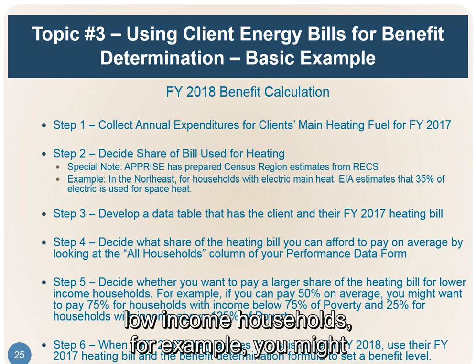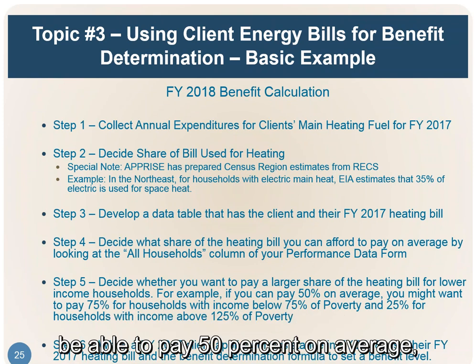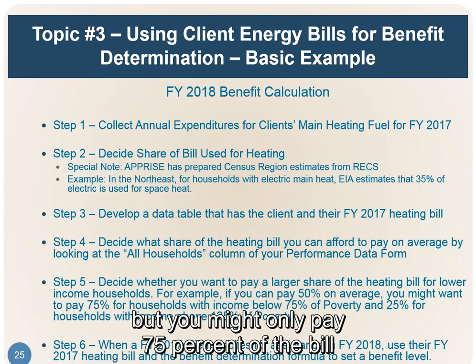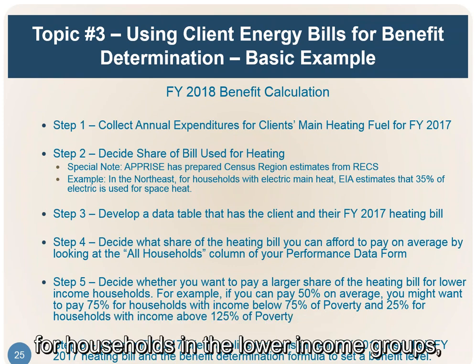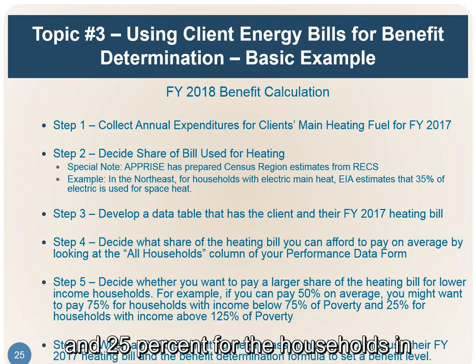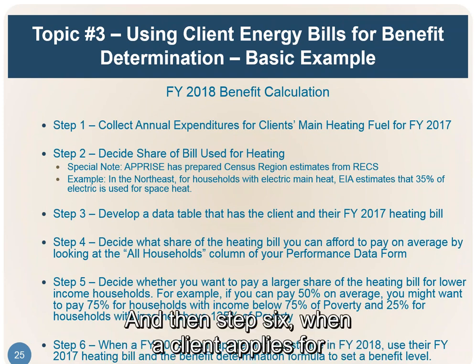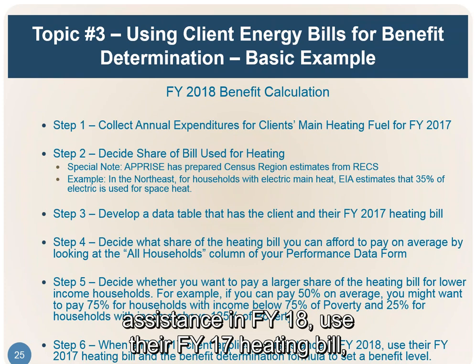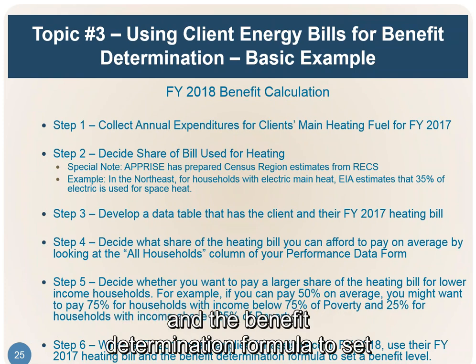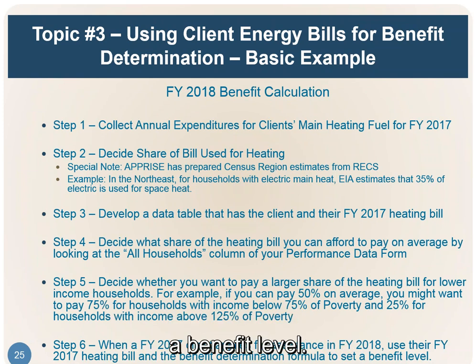For example, you might be able to pay 50% on average, but you might want to pay 75% of the bill for households in the lower income group and 25% for the households in the higher income group. And then step 6, when a client applies for assistance in FY18, use their FY17 heating bill and the benefit determination formula to set a benefit level.